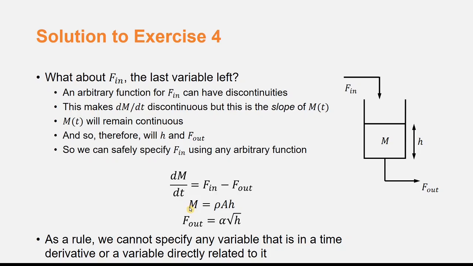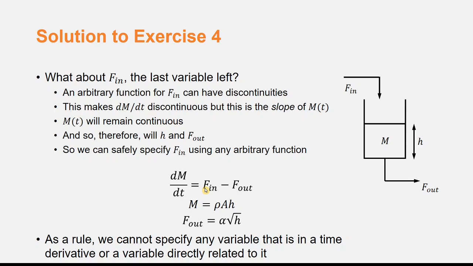So if m is continuous, then so are h and F out. There is no dependent variable becoming infinite. Therefore, there is going to be no ill effects of specifying an arbitrary function for F in.